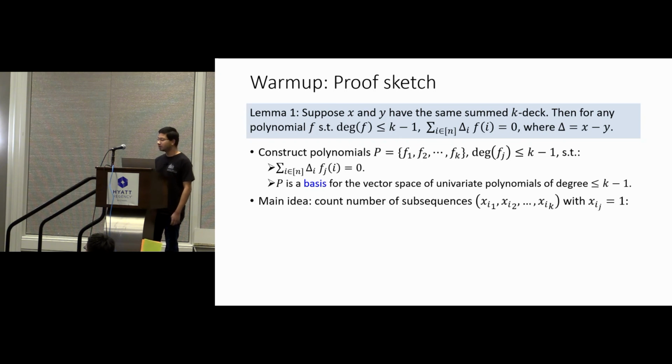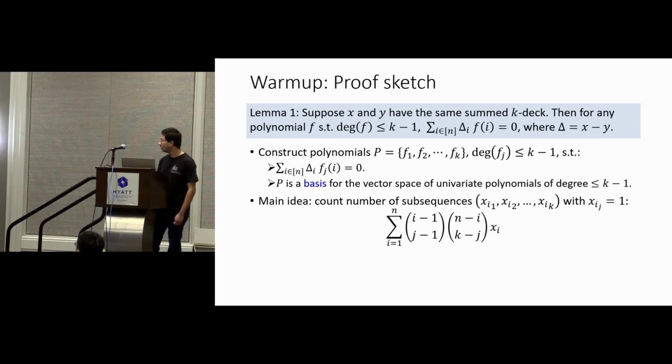And the polynomials that we consider are basically constructed by counting the number of subsequences. So fix a j, an index in the subsequence between 1 and k, and count the number of subsequences of x which will have 1 in the jth position. That is this expression. Basically, the idea is to consider that the jth bit in the subsequence is the ith bit in the string. Now, conditioned on that, how many subsequences do I have?